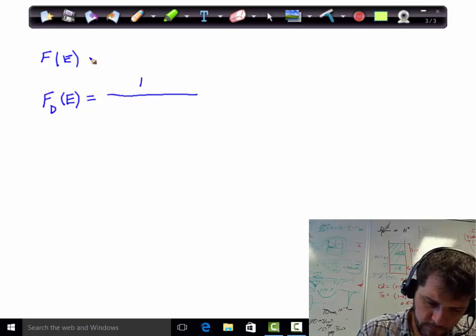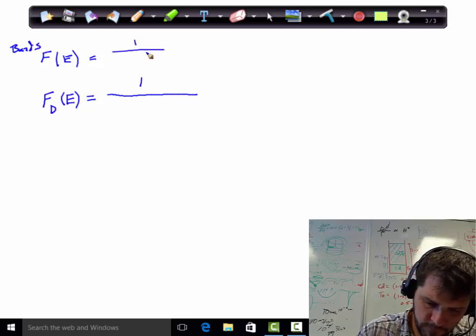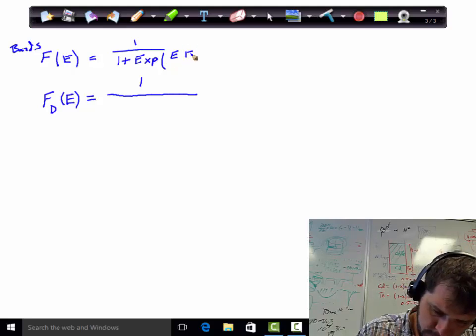So the bands use this function: 1 over 1 plus exponential of E minus EF over kBT.